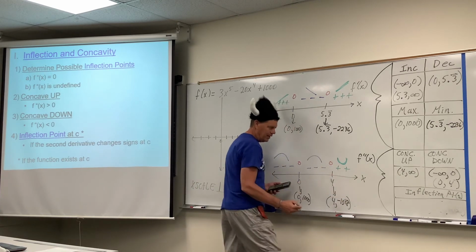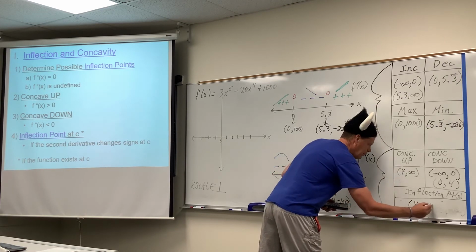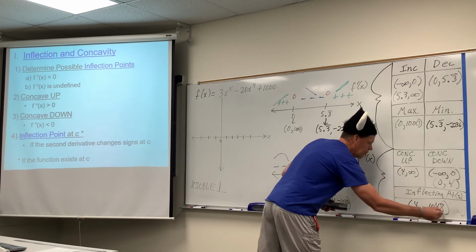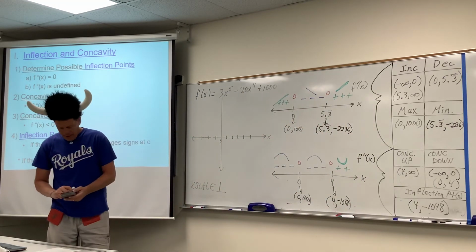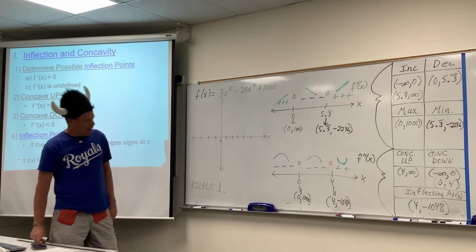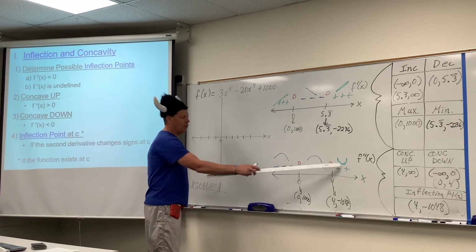And yes, that's an inflection point. 4, comma, negative 1048. Boom. Yep. That is indeed an inflection because the concavity changed. So I'll say it again. That's not an inflection. That one is.